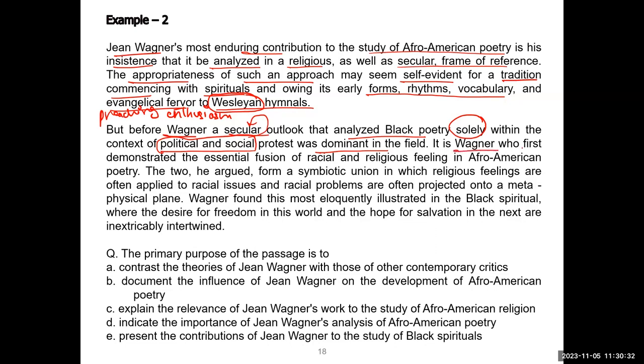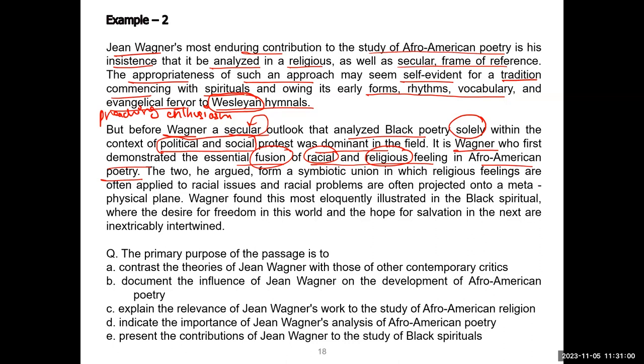It is Wagner who first demonstrated the fusion of racial and religious feelings in Afro-American poetry. So Wagner is the first person who says that no, there is a fusion. You will find both religious as well as racial. Racial means secular, non-religious. Both of them are there.